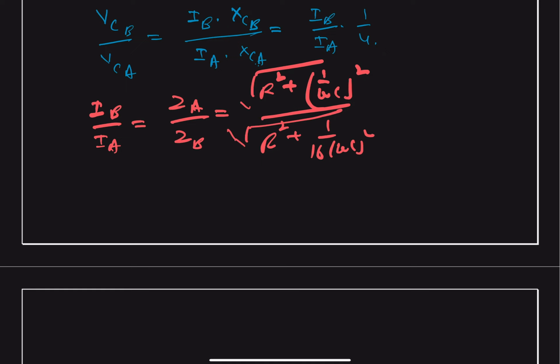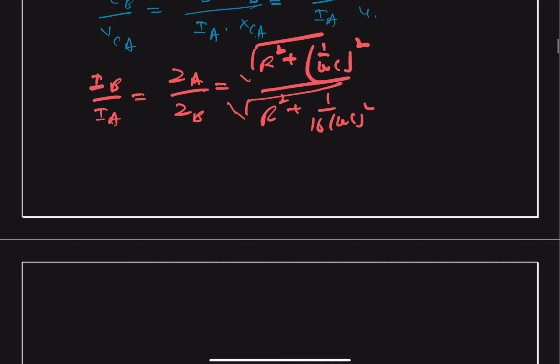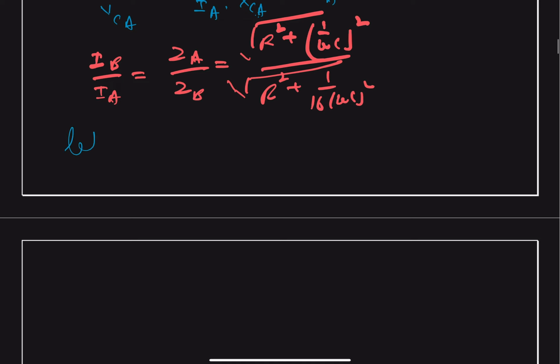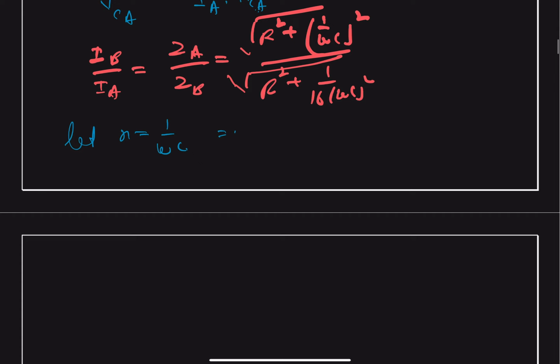So we can simplify it, and we assume let x is equal to 1 upon omega C. Therefore, our ZA comes as the square root of R square plus x square, and our ZB comes as the square root of R square plus (x upon 4) whole square.